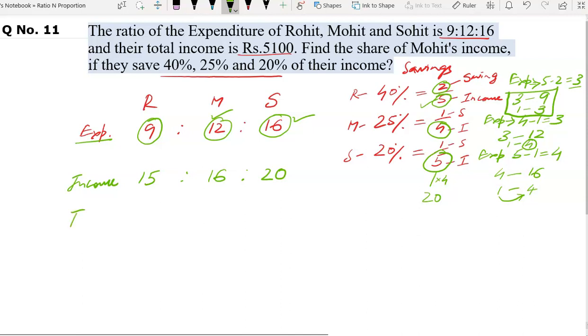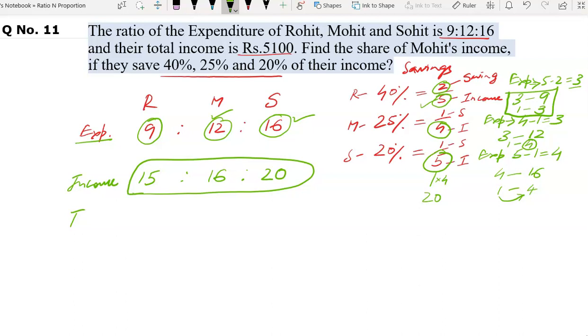So total income, if we add 15 plus 16 plus 20, will be 51 units.